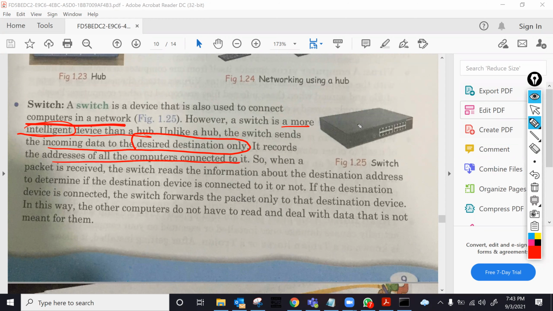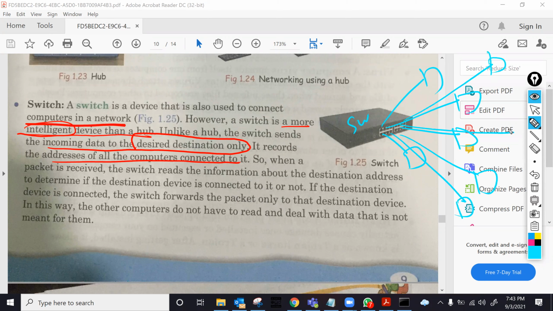Because of its intelligence, assuming this is a switch, and in a computer lab, say 10 or 15 computers are connected to its ports. Each computer has a MAC address, right?